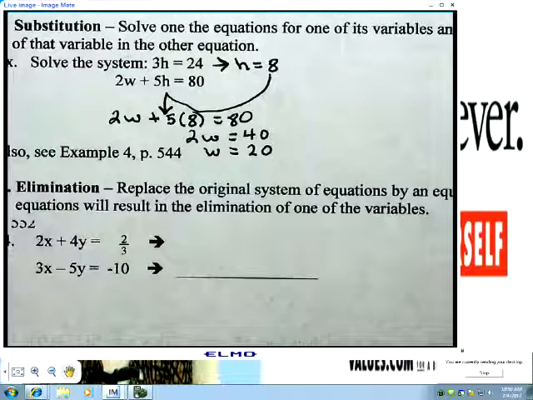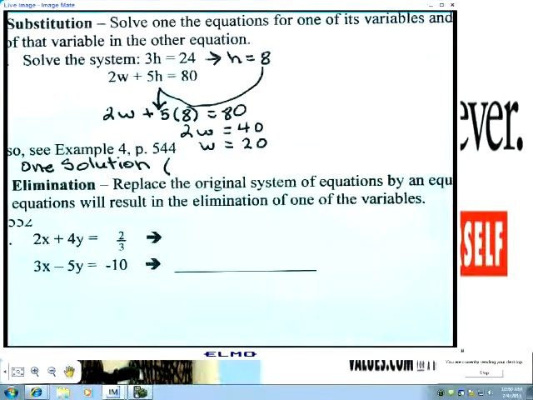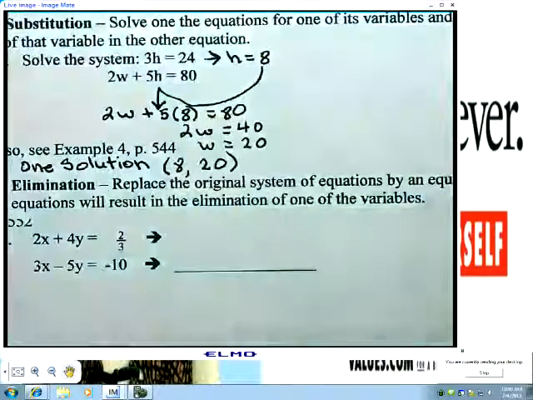They're the two parts of the one solution. This system only has one solution, which is 8, 20, and unless otherwise specified, ordered pairs are in alphabetical order.